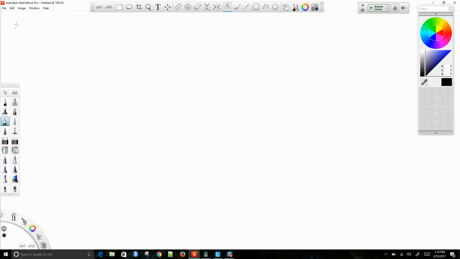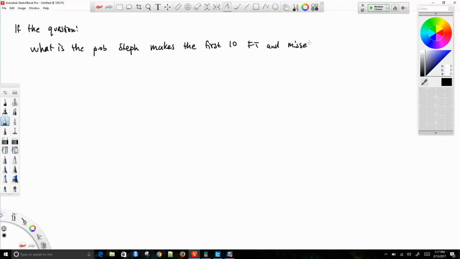If the question says, what is the probability Steph makes the first 10 free throws and misses the last one, this is not binomial. The order matters, okay? Here, the order matters.